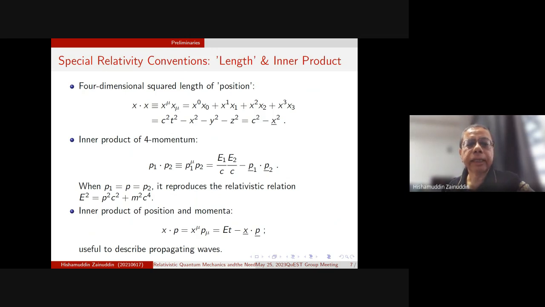And over here you get the squared length of the position 4-vector.